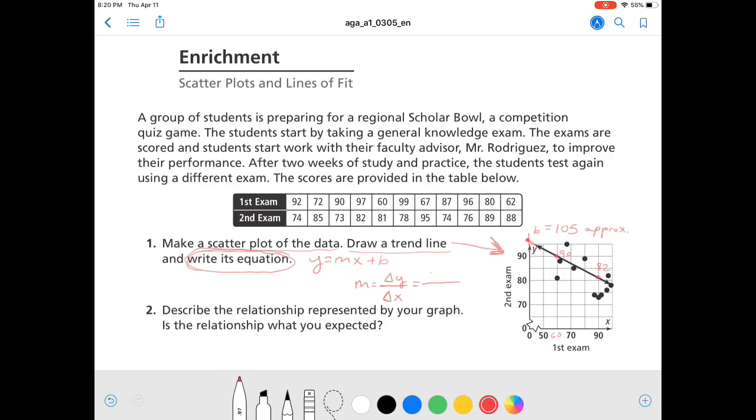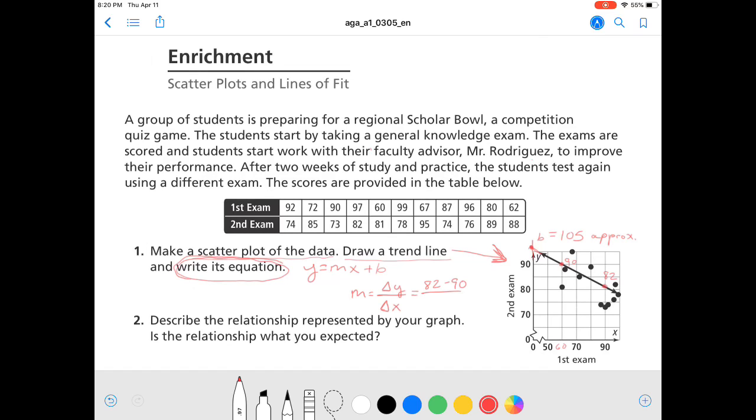So it's going to be my second point minus my first point. So 82 minus 90, that's my change in y. And then it's going to be over my change in x, which is going to be 90 minus 60.